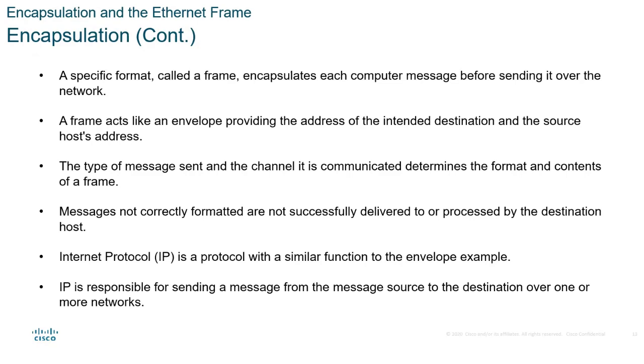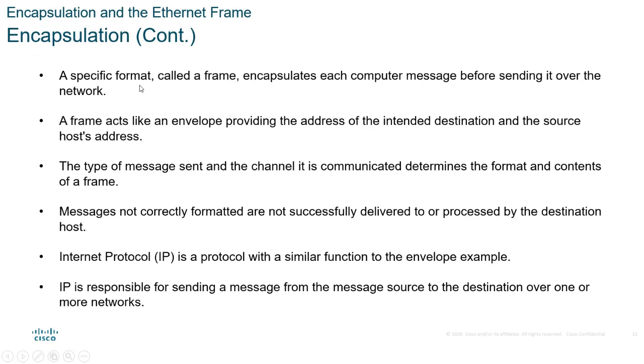Now, this way of moving the information from where it is generated and placed in the frame, as contained under the transport layer as well as the network layer, is the main process we call encapsulation.